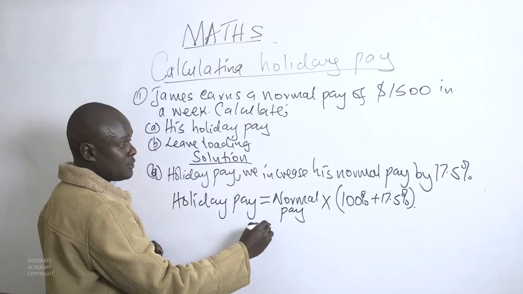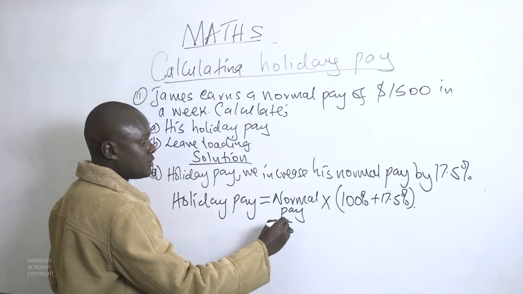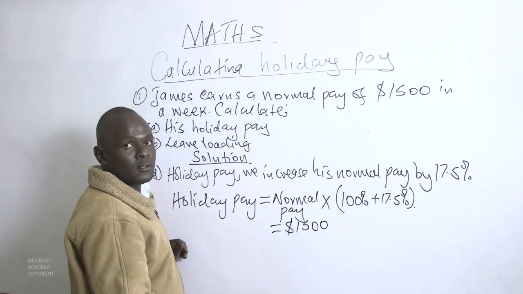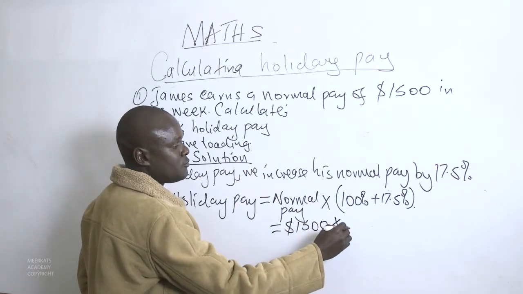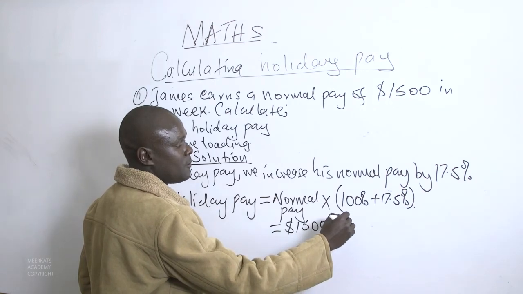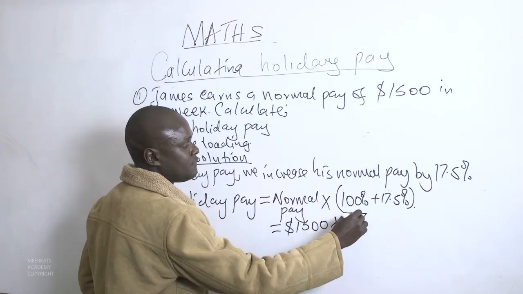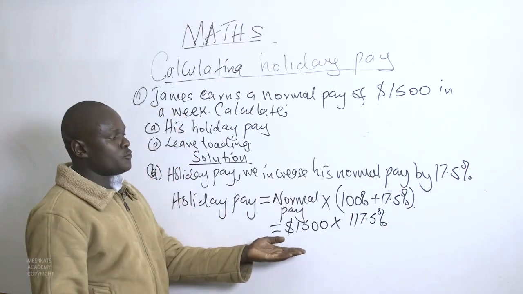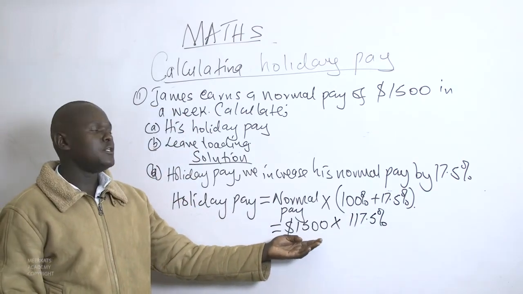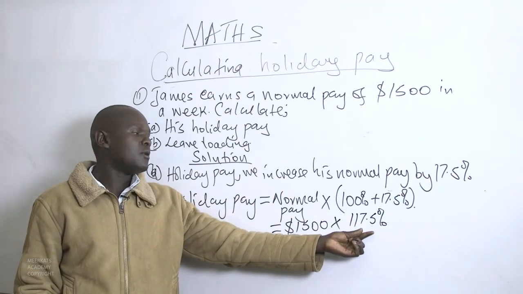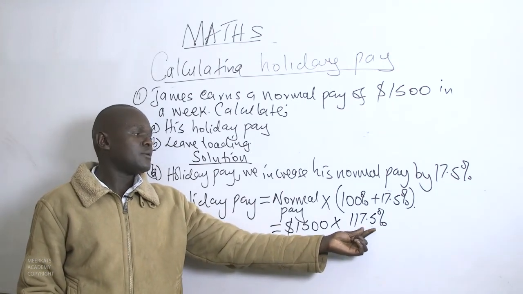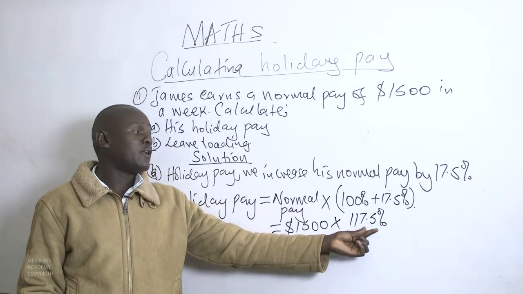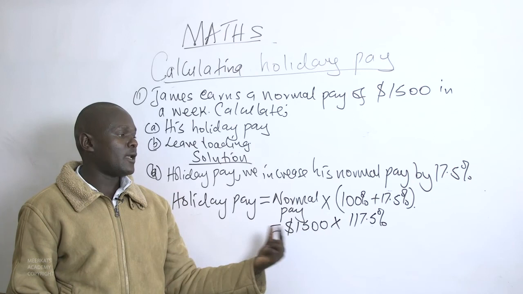And the normal pay in this particular case, we are told, is $1,500. The new percentage will be 117.5%. And for us to multiply with this particular figure, we need to convert this. I hope you remember that particular concept. You convert this new percentage to a fraction or a decimal before you multiply.